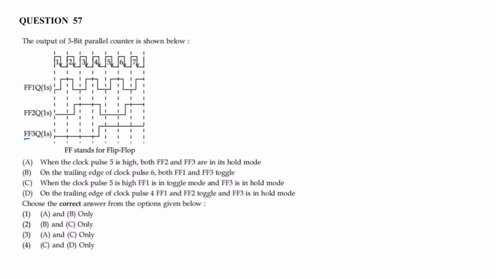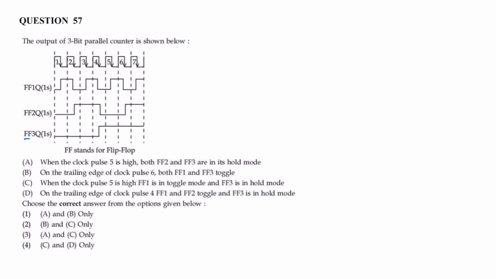Statement A: when clock pulse 5 is high, both FF2 and FF3 are in hold mode. So for the fifth clock pulse, FF2 and FF3 are in hold mode. The statement is correct. So statement A is correct.